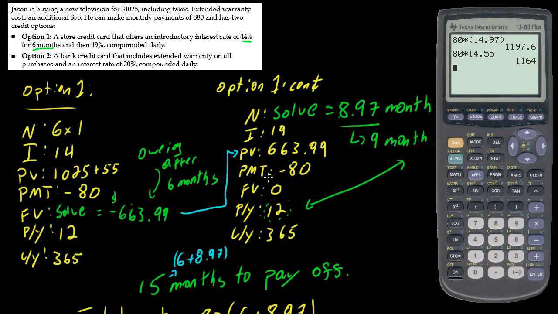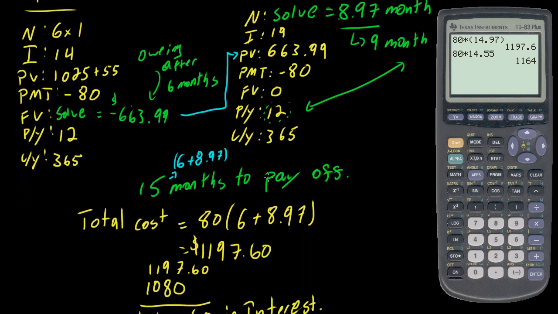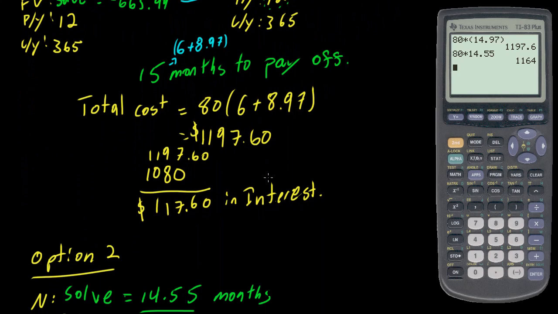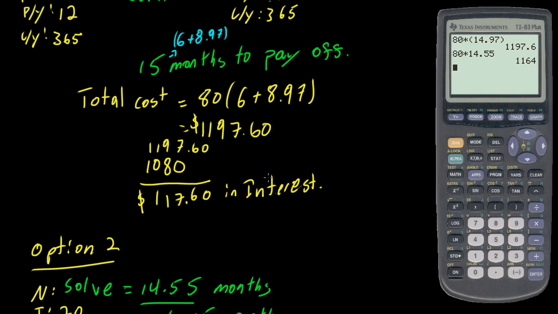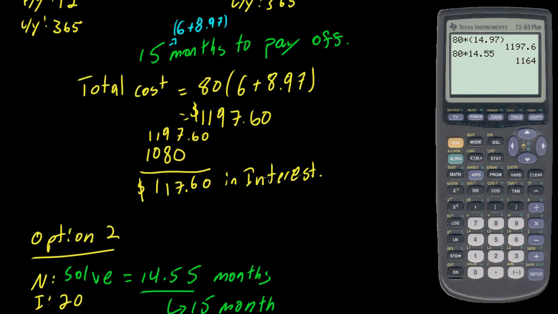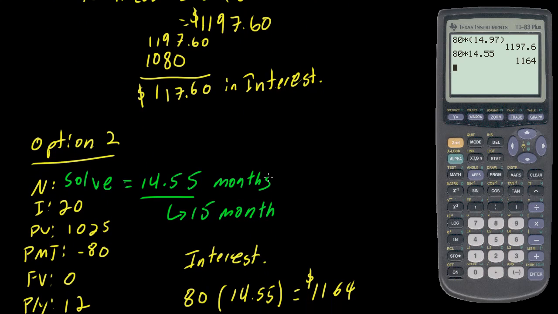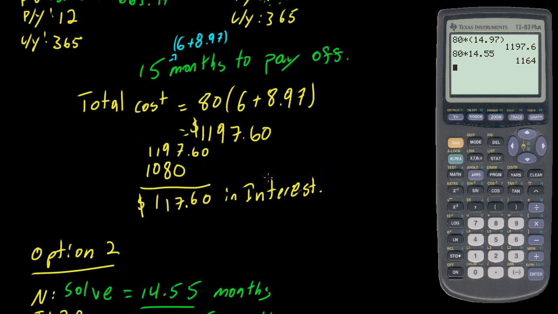Whereas with option 1, you're probably going to have to go through the hassle of signing up for a credit card, and maybe some paperwork and things. But at the end of it, you're actually paying less interest for the device that you have. Overall, you're paying a little bit more money. You can see that it's $1,197 versus $1,164, but you're paying less interest.